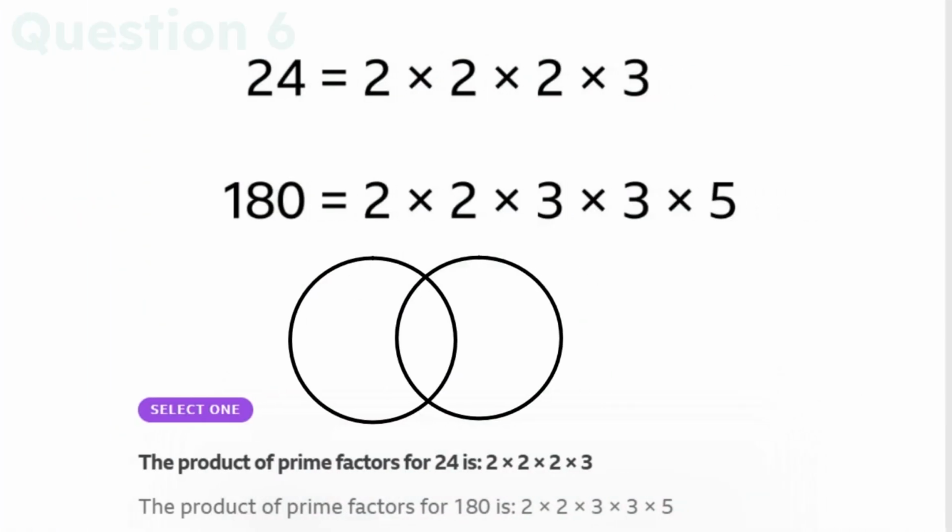Question 6. In this question, we will find the highest common factor and lowest common multiple of 24 and 180. We will use a Venn diagram to answer the question.